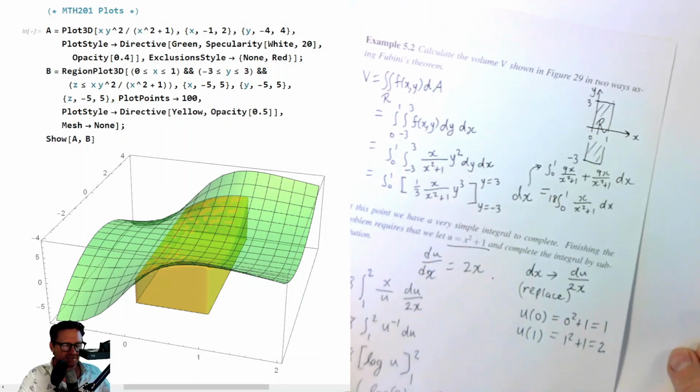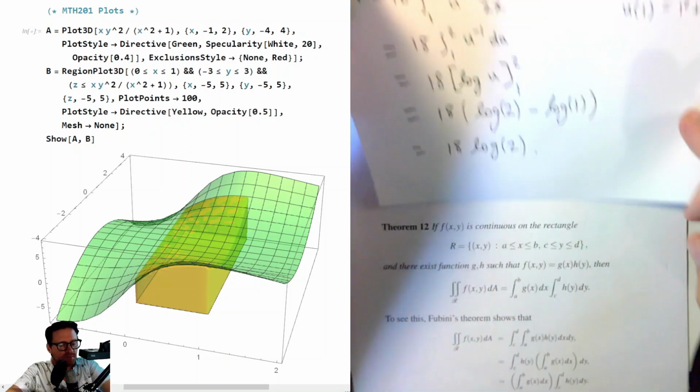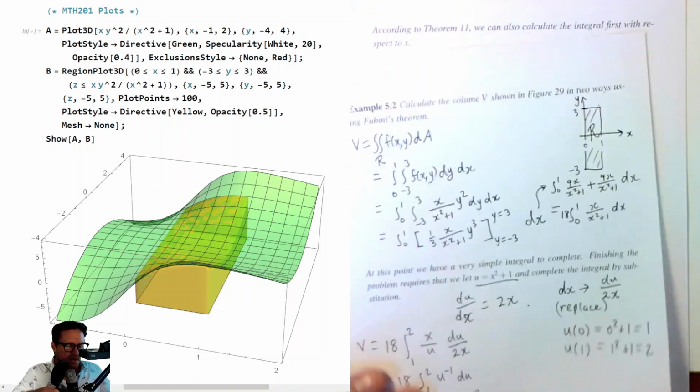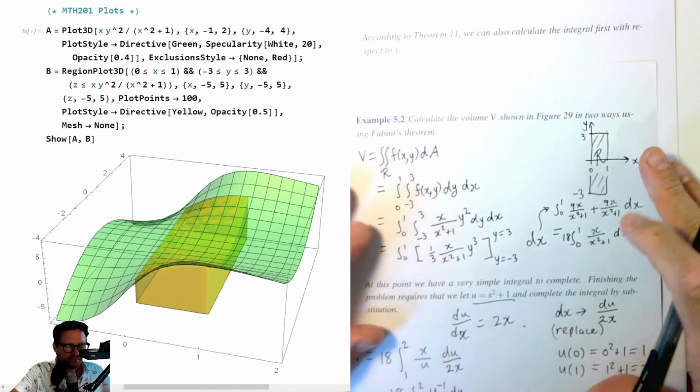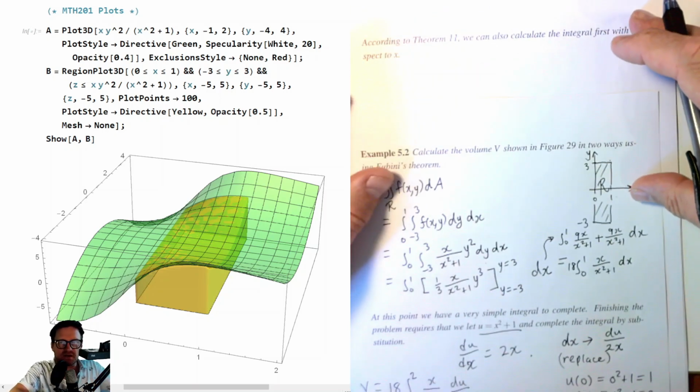Okay, so next, applying Fubini's theorem, we're going to swap this around and hopefully get the same number. All right, so now I'll keep this page here for a little bit. So we're going to take this integral the other direction.